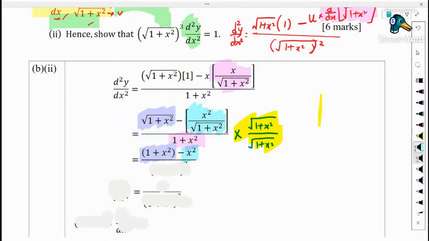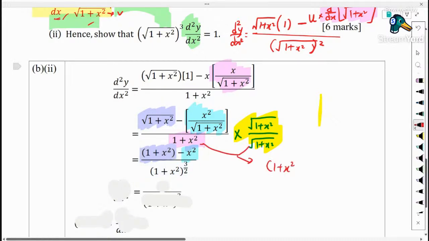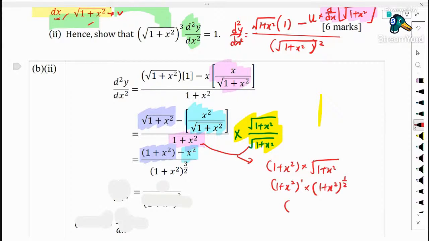Then for the one highlighted in red, it will become power of 3 over 2. How does it become power of 3 over 2? Let us observe. When these two terms are multiplied, it is 1 plus x squared multiplied by the square root of 1 plus x squared, which is power of 1 multiplied by power of 1 over 2. So at last we have 1 plus x squared to the power of 3 over 2.